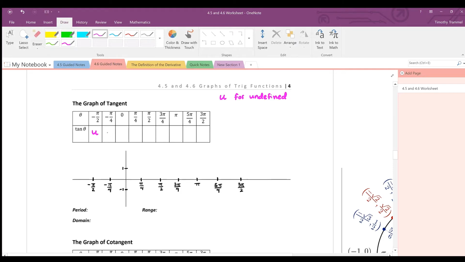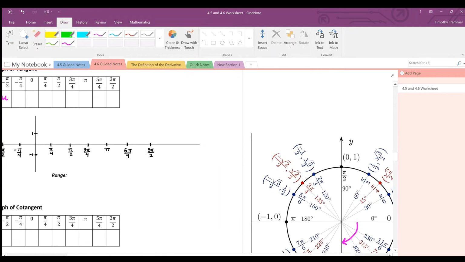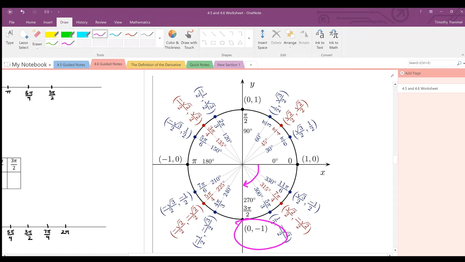Let's go to minus pi over 4. All right. So if we rotate minus pi over 4, that puts us right here. And so we're looking at these two x and y's. And notice they're the same other than the sign.